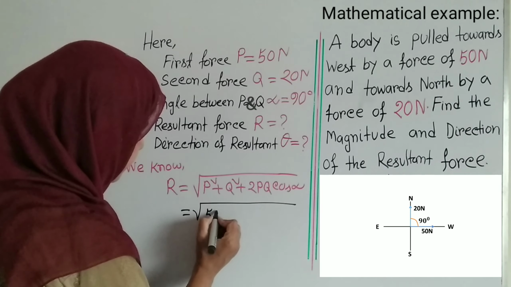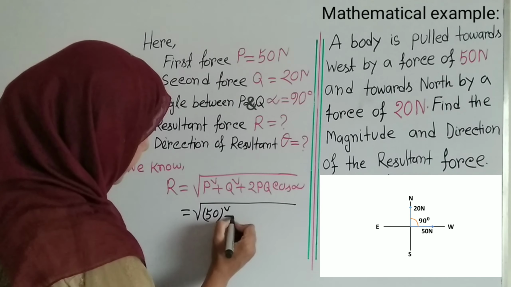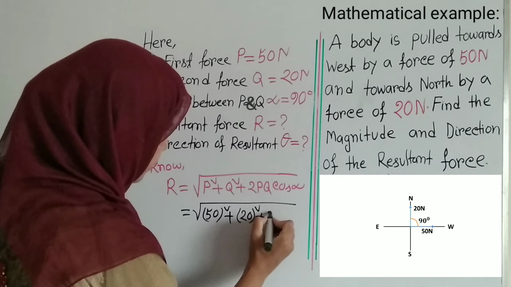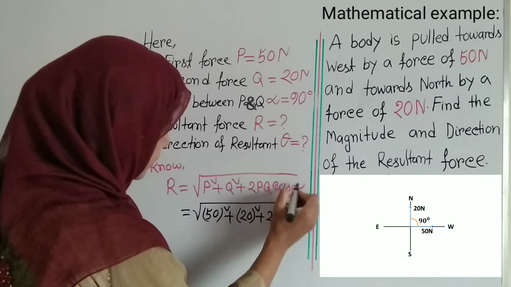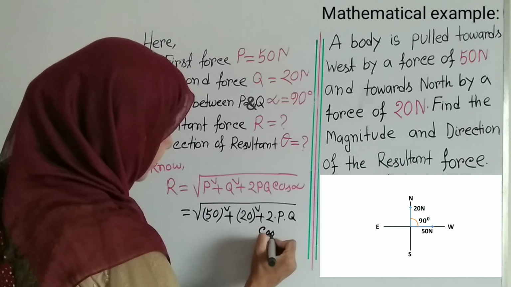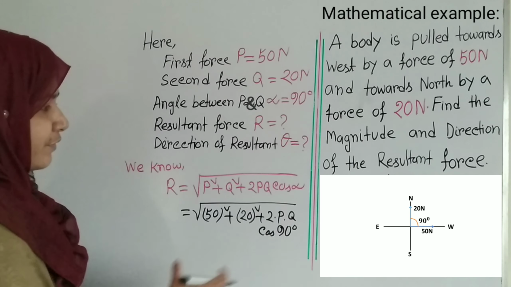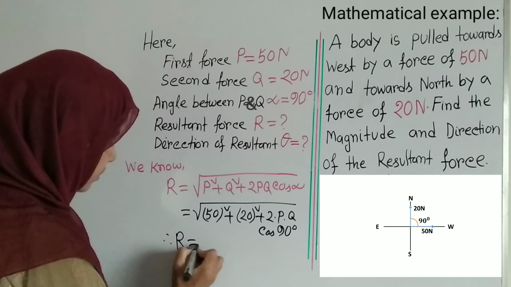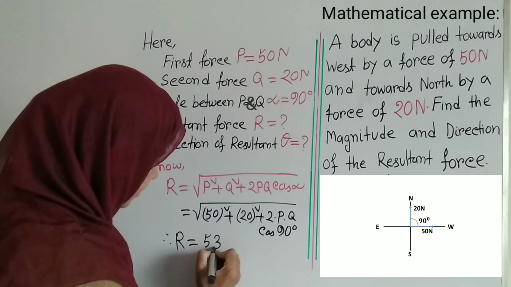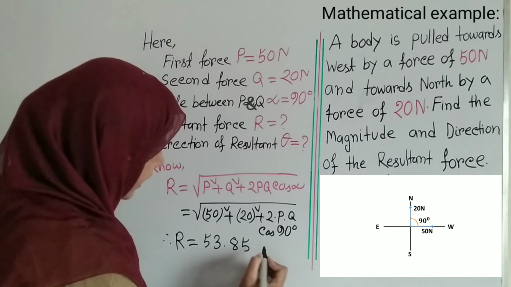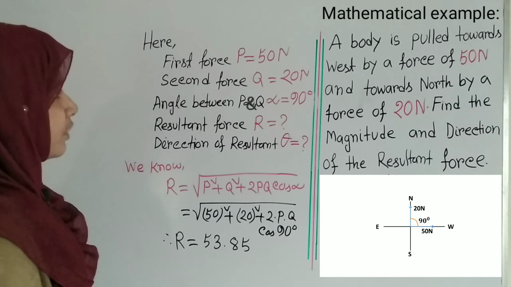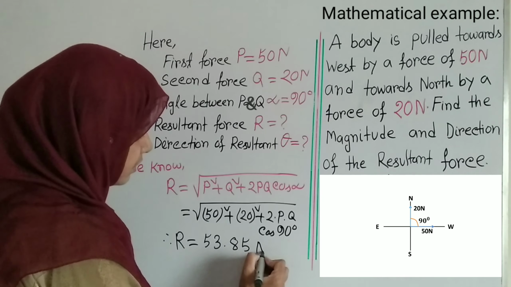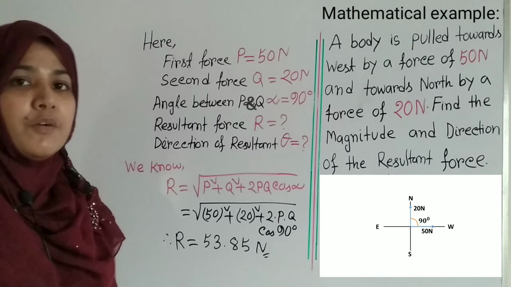P square, that is 50 square, plus Q square means 20 square, plus 2PQ, the value of alpha is 90 degree. So after the calculation we will get the value of R equals 3.85, and the unit of the resultant will be Newton, because we are calculating the resultant of force. So this is the answer of magnitude.